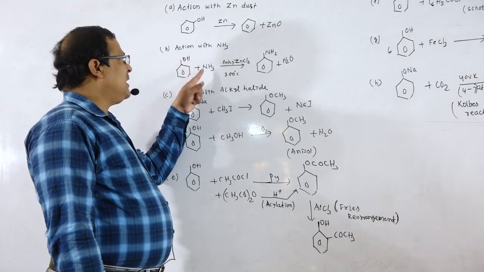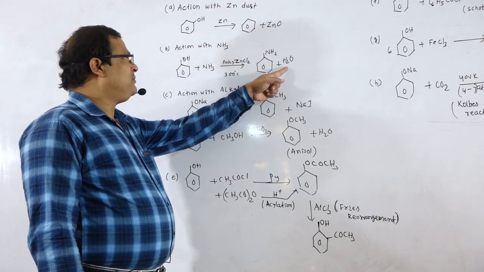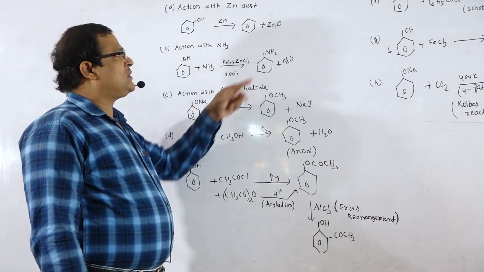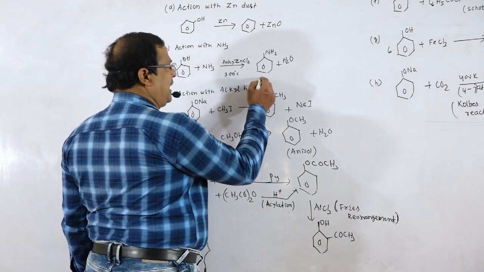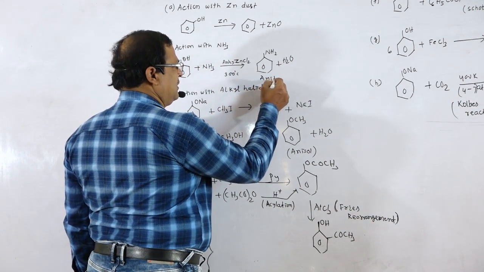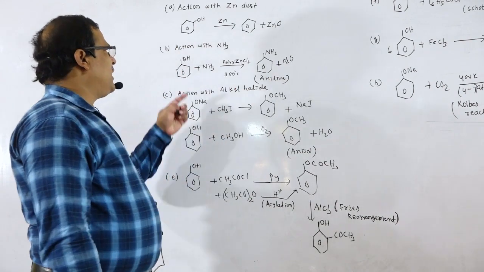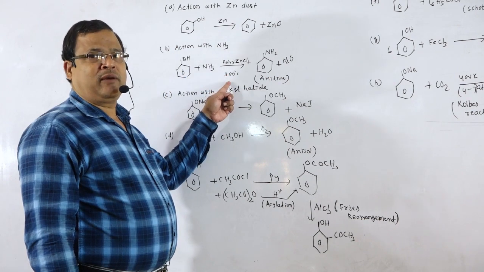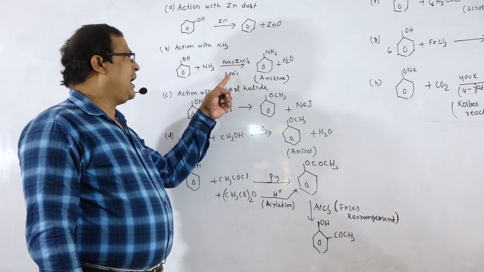The OH part and H part are removed in the form of water, and the NH2 group is attached to this benzene ring, and there is the formation of aniline.